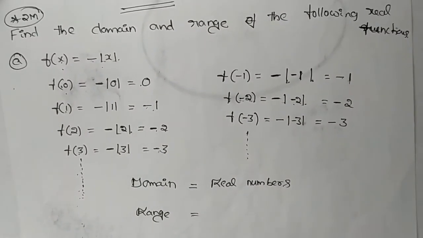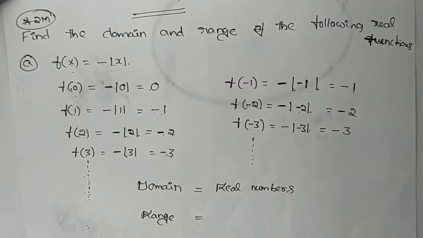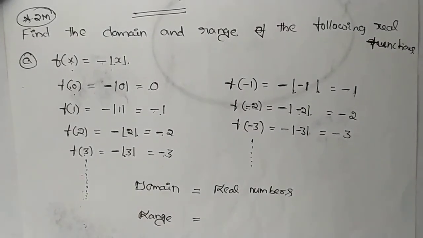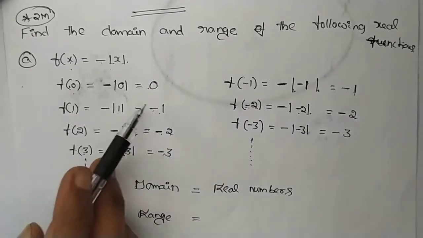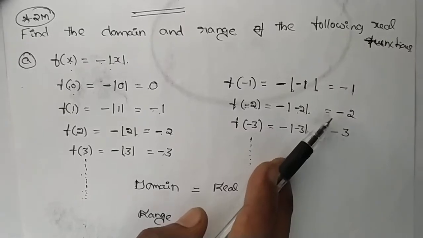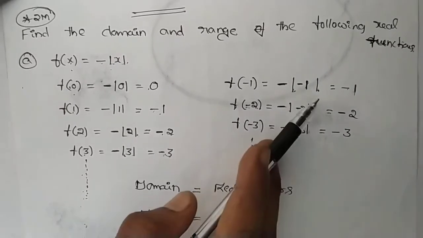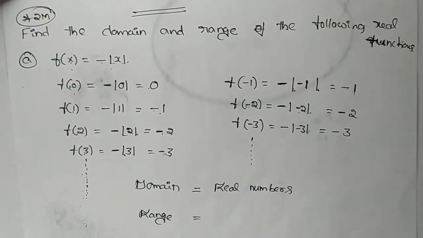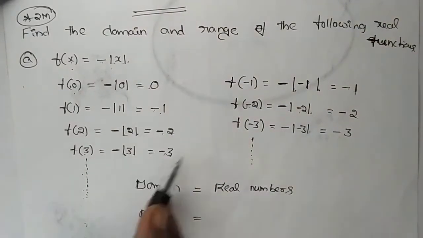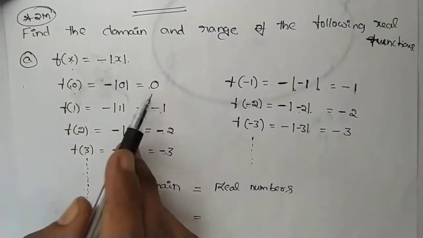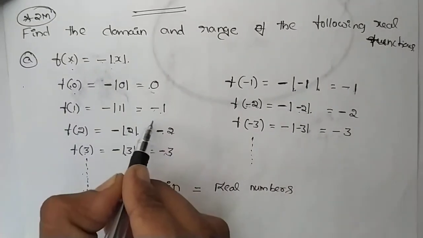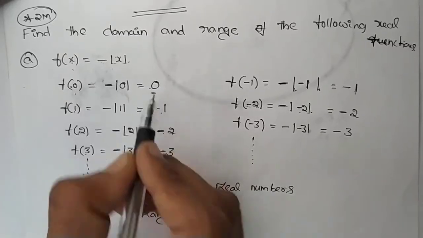Then what about the range for this function? You just think, range for this function is what? We are getting the outputting values, negative numbers. Which kind of numbers? All these are negative real numbers, including 0.